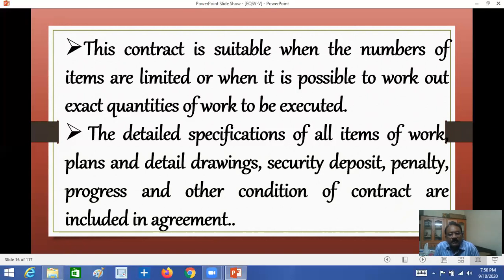And the detailed specification of all items, plans, rates, specification, security deposit, penalty, progress, and other conditions are included in this agreement. Whereas in the lump sum agreement, these conditions are not there, and the owner, our department, has to provide the detailed specification of all items, plans, detailed rates, security deposit, penalty, progress, and other conditions.